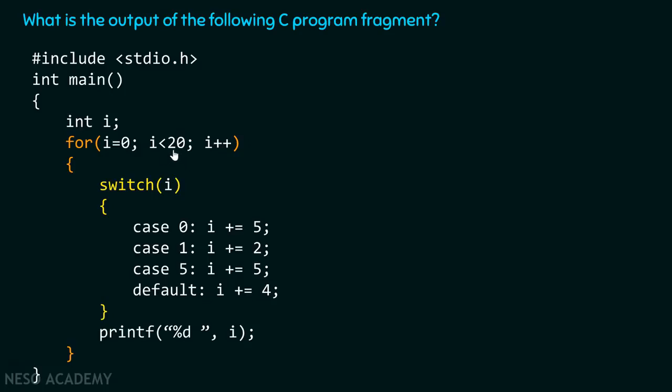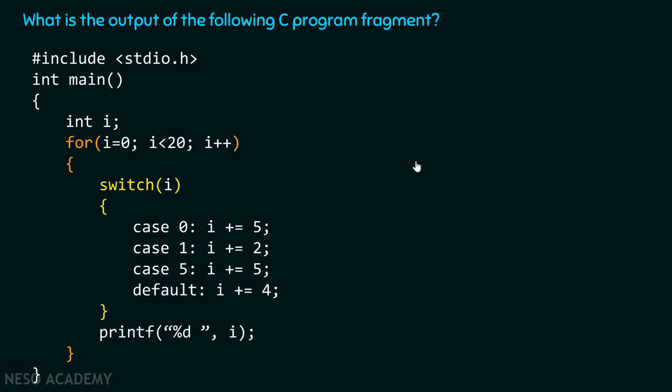And if I is less than 20, we simply come inside this for loop, and after that we simply increment the value of I by 1, right? Now inside this for loop we can see we have one switch construct, and inside this switch construct we have several cases like case 0, case 1, case 5, and then after that we have default case if none of the cases match. After completion of the switch construct, we have one printf function, and we are trying to print the value of I here.